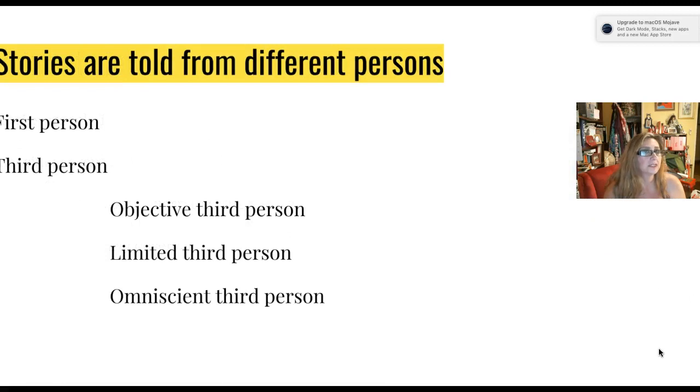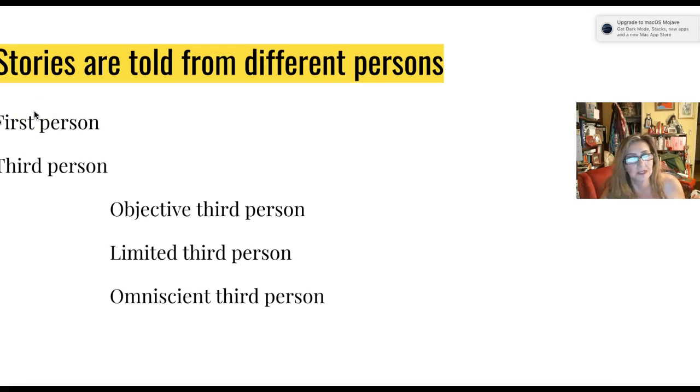So stories are told from different persons. It could be told from the first person or the third person. It could be the objective third person, the limited third person, or the omniscient third person. Many of you are familiar with a lot of stories that are written in the omniscient third person, or sometimes the first person, which is a narrator who is a character in the story.